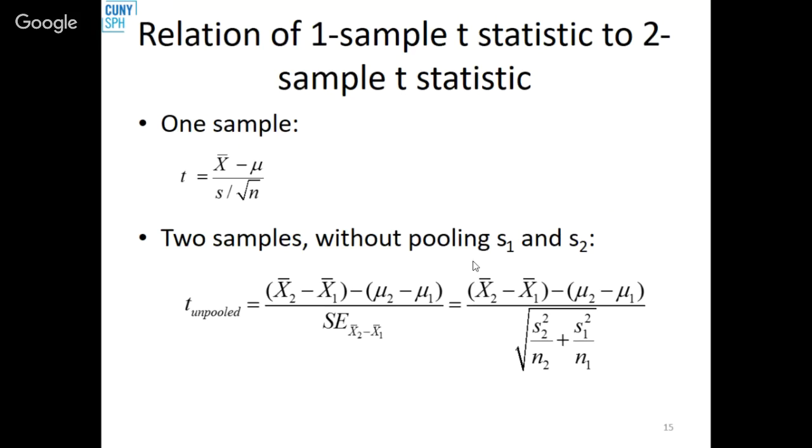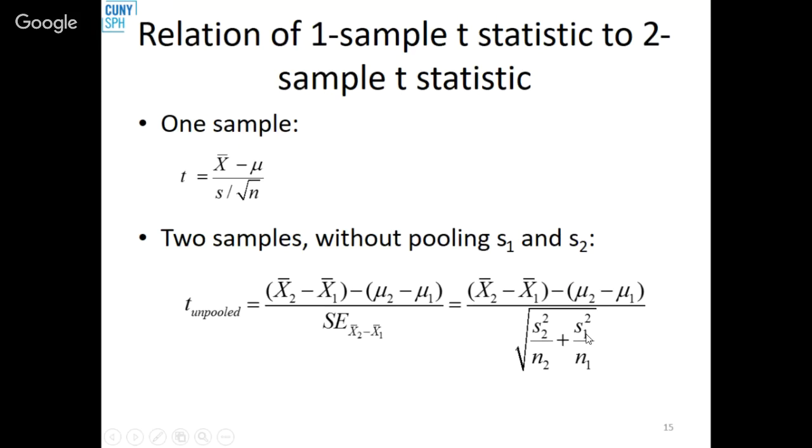If you do not pool it, again, this numerator looks the same as it did for the one-sample t-test, except that it is with differences in the sample means and the population means. And the denominator is slightly different: instead of just the standard deviation over square root n, it has this sort of average of those two sampled standard deviations.